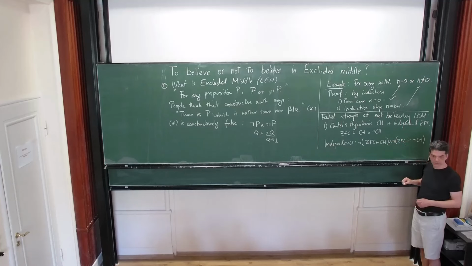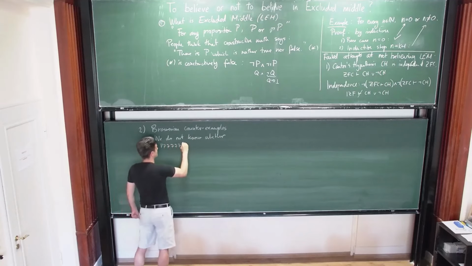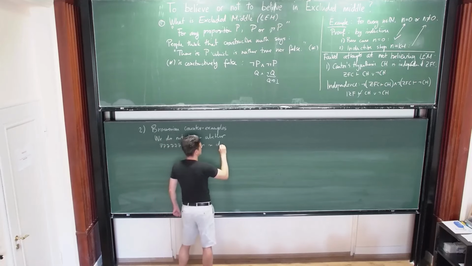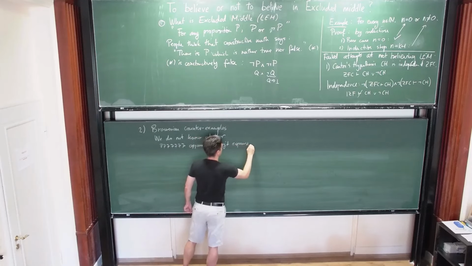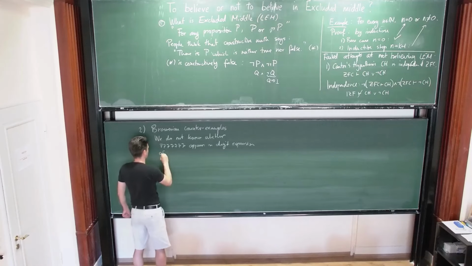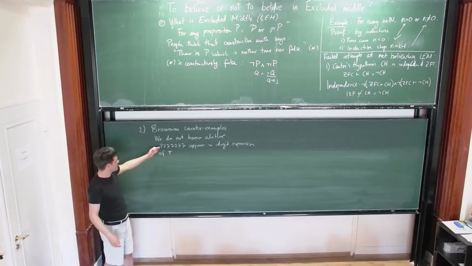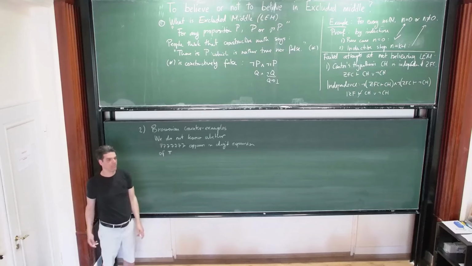The naive one goes something like this. We do not know whether, now something like 7777777 appears in the digit expansion of pi. So how could you claim that 7777 either appears or does not appear in the digit expansion of pi?